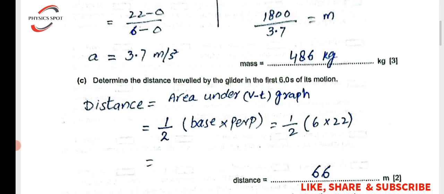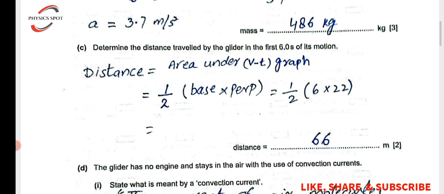So distance is equal to the area under the velocity-time graph, and that is a triangle. The triangle formula is 1/2 times base times perpendicular. The base is 6 seconds and the perpendicular is 22 meters per second, the velocity along the y-axis. So the answer is 66 meters distance.